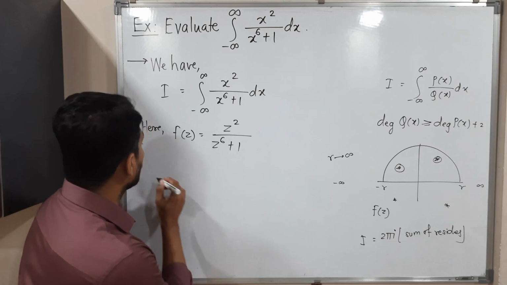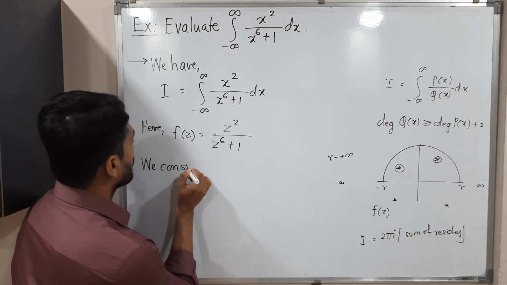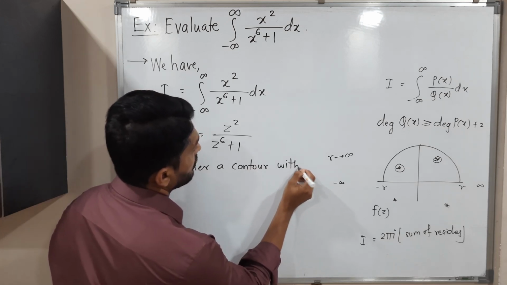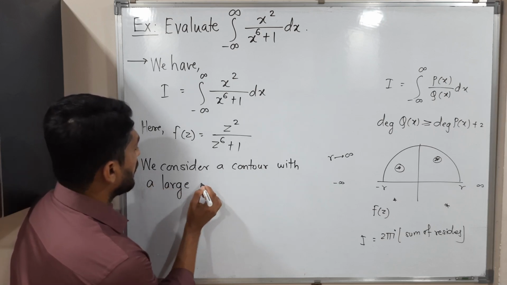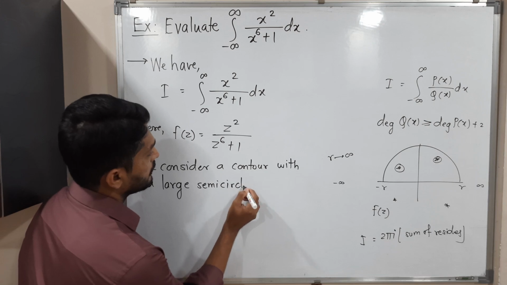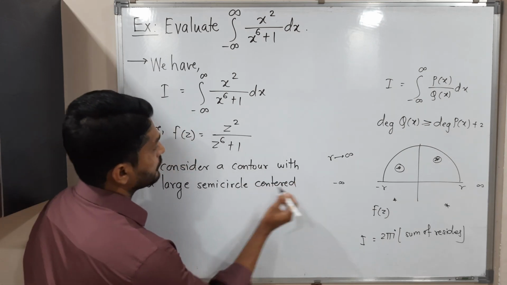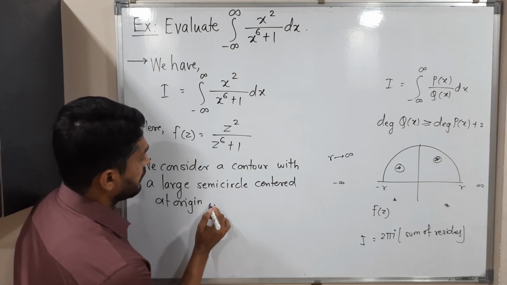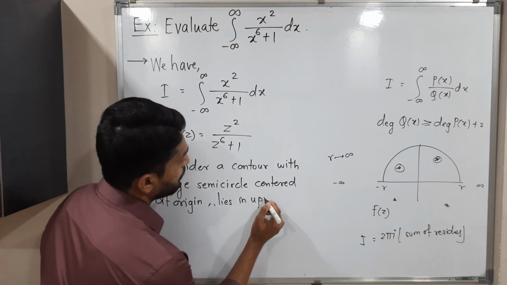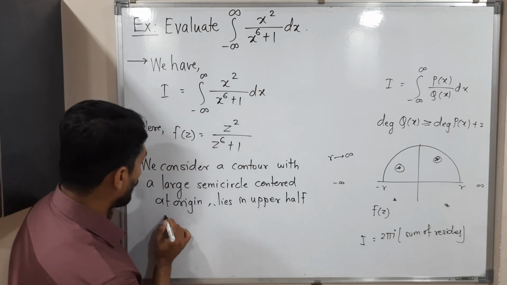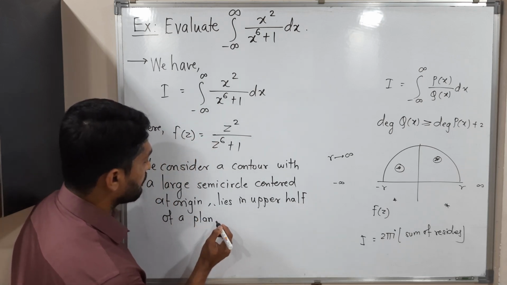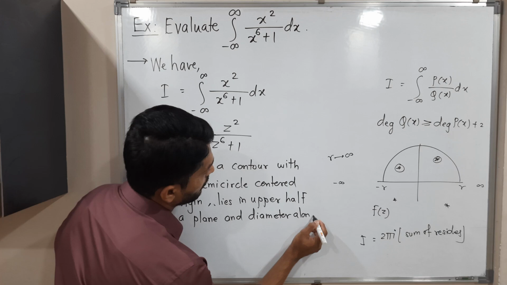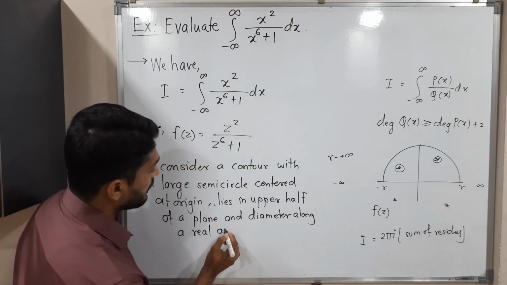Let me clearly mention here, we consider a contour with a large semicircle centered at origin and lies in the upper half of the plane, and diameter along the real axis.